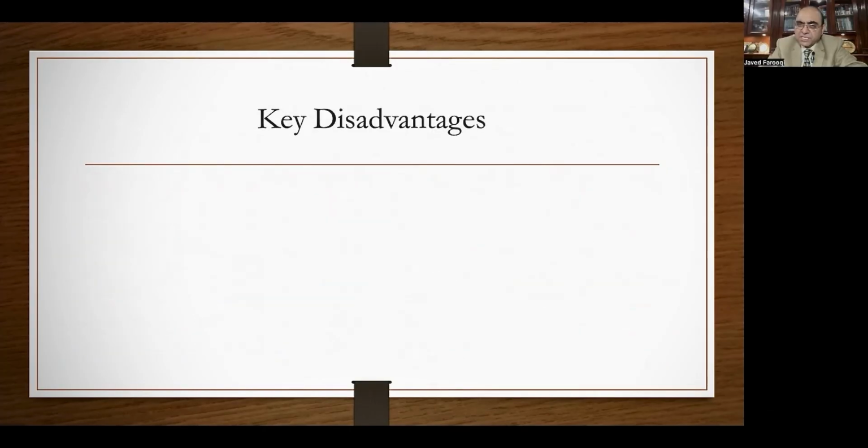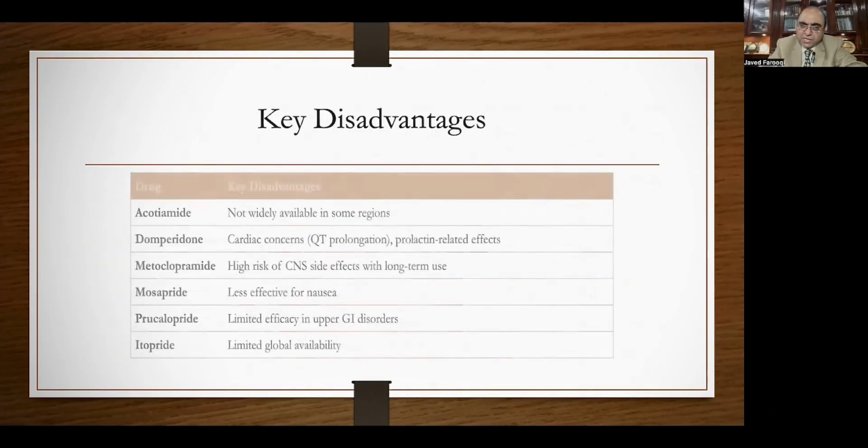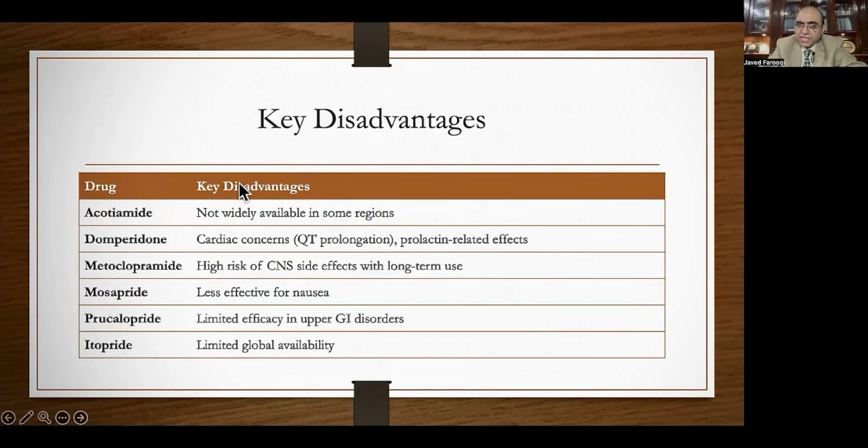What are the key disadvantages of these prokinetics? The key disadvantage of Acotiamide is it's not widely available in some regions, but luckily here in Pakistan it is available. Then the key disadvantage of domperidone is cardiac concerns, that is QT prolongation and prolactin related effects. Similarly, the key disadvantage of metoclopramide is high risk of CNS side effects with long-term use.